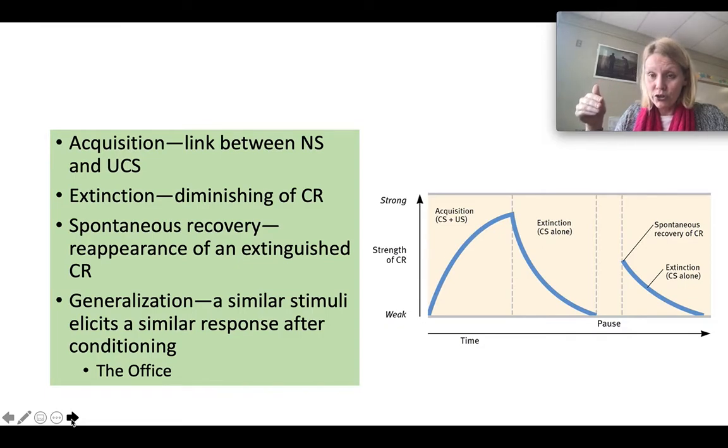If that worked and it got the dogs to start salivating again, then that would be a generalization. But if it didn't, then it's not a generalization. They didn't make that same connection. They didn't associate the one bell with the other bell to mean food is coming. So a similar stimulus elicits a similar response after the conditioning.